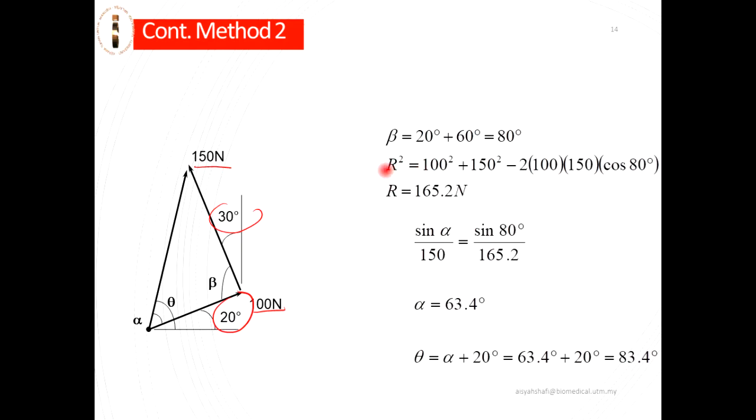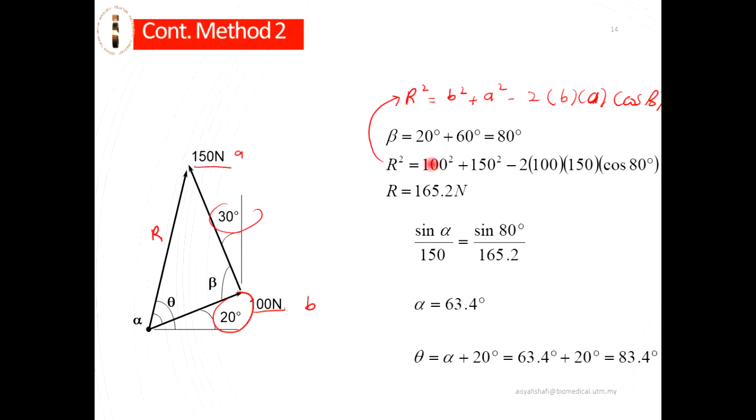For example here, this is R, so R squared, based on the formula, R squared equals, for example, this is A, this is B, B squared plus A squared minus 2BA cos beta. Okay, this is the formula based on the cosine formula.